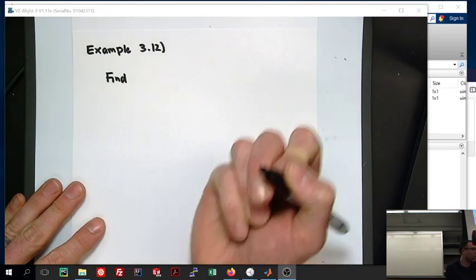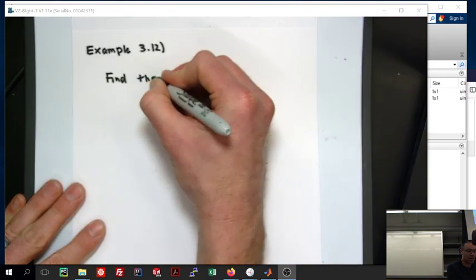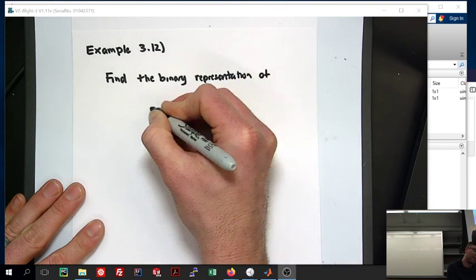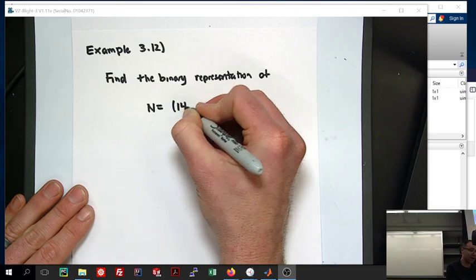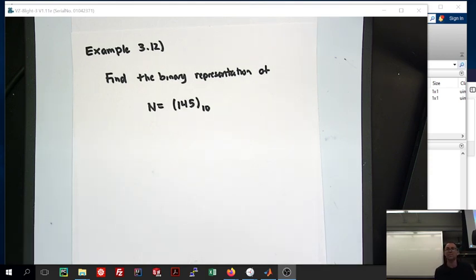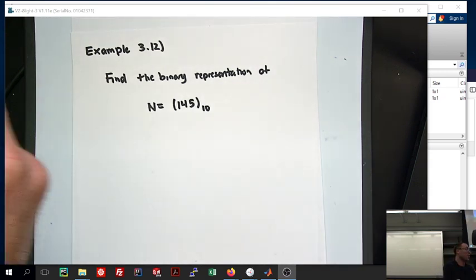Use the second algorithm that we just did to find the binary representation of n equal to 145 sub 10. What would be fun is if you did both of them, but one of them is fine too.